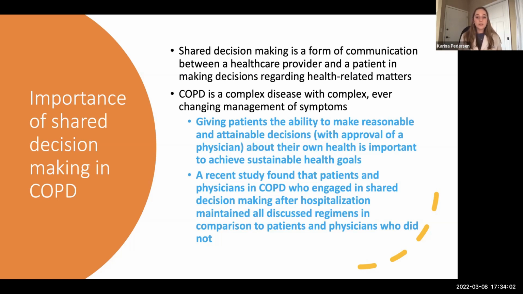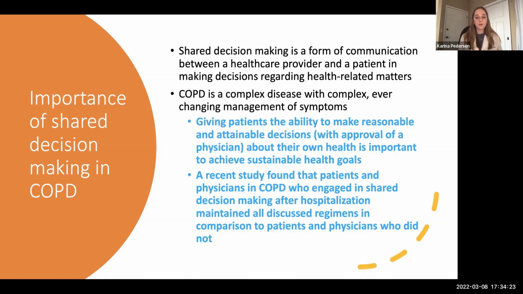And actually a recent study found that patients with COPD and their physicians who engaged in shared decision-making after hospitalization maintained all discussed regimens, in comparison to those patients who did not engage in shared decision-making. So oftentimes it is even better for us.